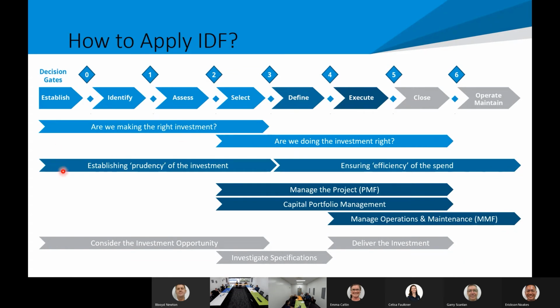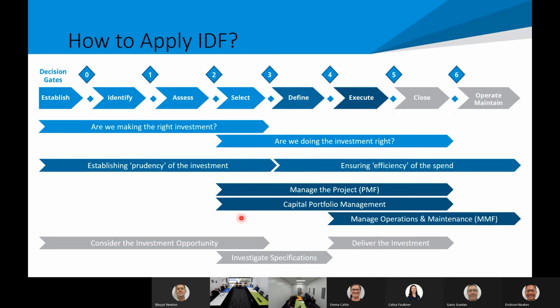At the same time, the first phases particularly are about trying to establish the prudency of the investment. So have we got the right business case? Does it stack up? And then we're ensuring efficiency of the spend in the later phases.